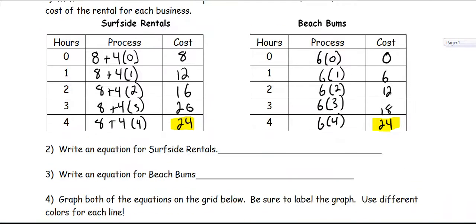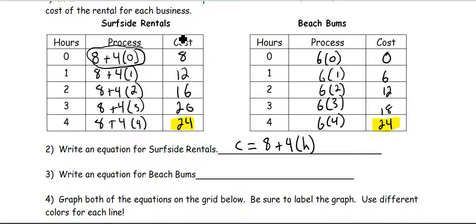That's with the table. But let's go on, because we're also going to learn how to do this with a graph. So write an equation for Surfside Rentals. If you remember, when you're writing an equation, we could do the cost equals 8 plus 4 times the number of hours, and that gives us the equation right here.